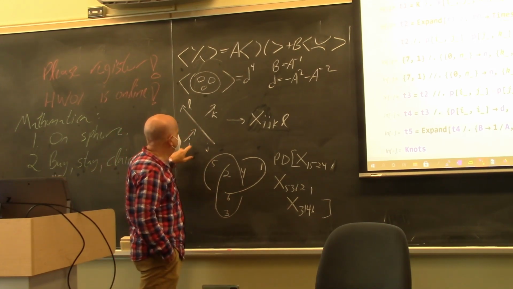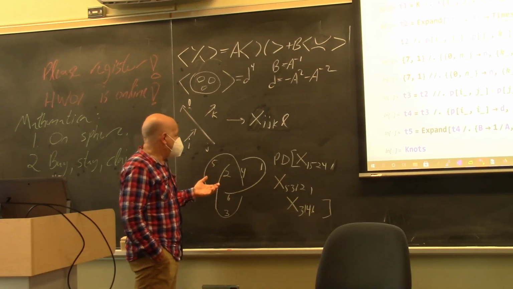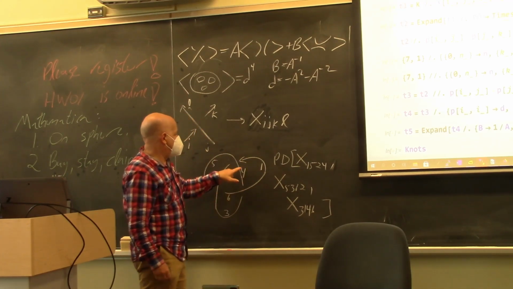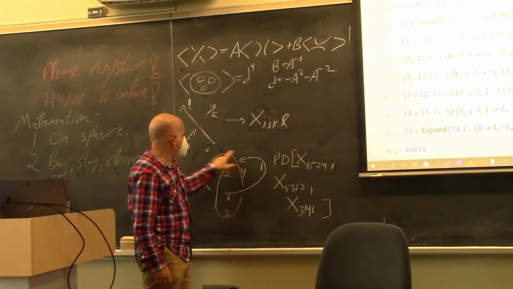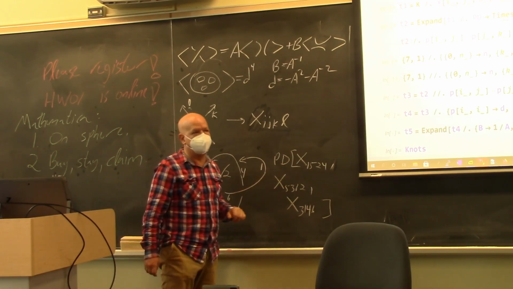So in this case, this is IJKL. For the example of the trefoil knot, oriented this way, you'll have one crossing which is 1, 5, 2, 4. Here it is, and we've done it, so I will not do it again.